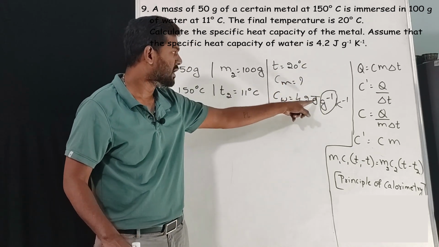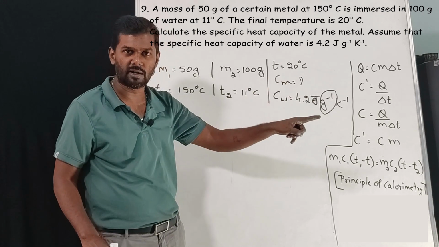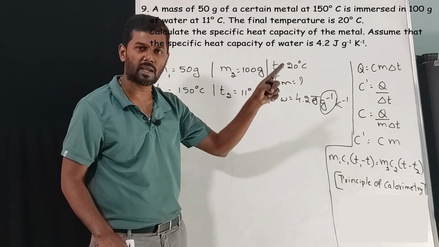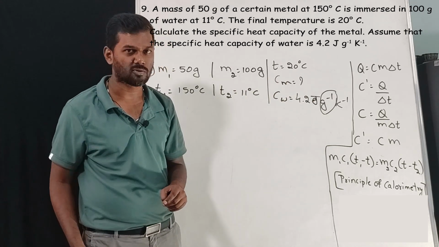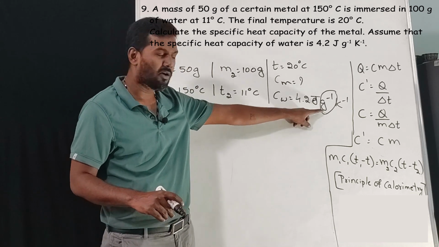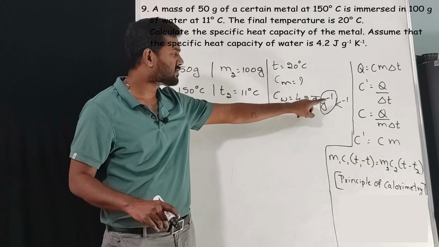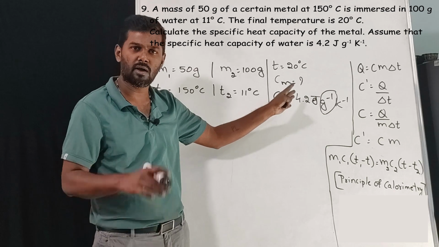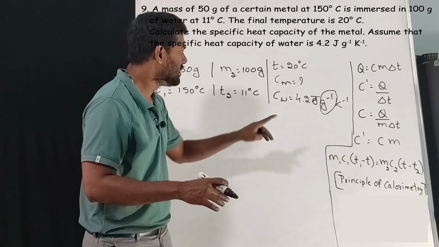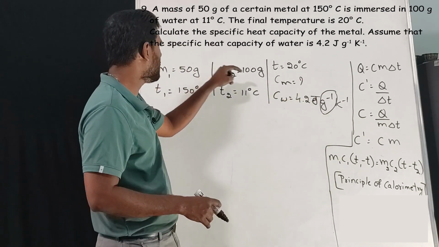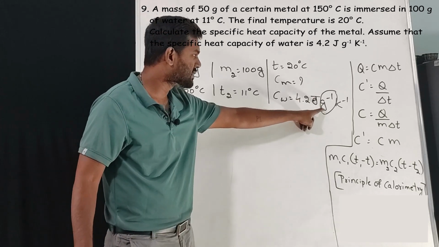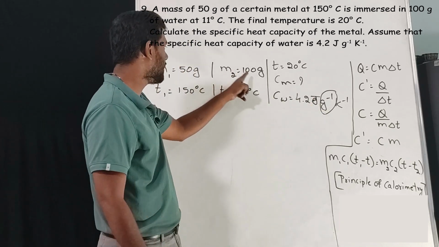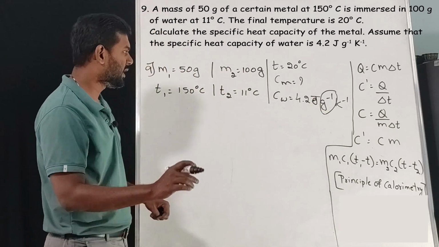If you want to convert joules per kg per Kelvin to joules per gram per Kelvin, you just have to divide it by 1000. Now gram is given. This conversion we have learnt in the beginning of this session only. So if gram is given, all the masses should be in terms of gram. If this is in terms of kg, we need to convert all the masses in terms of kg.